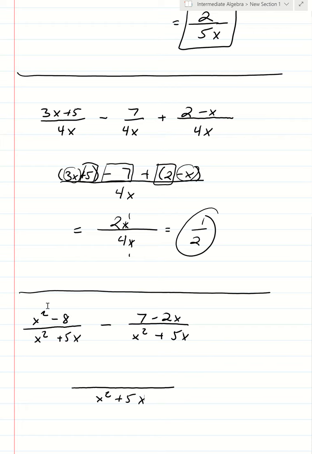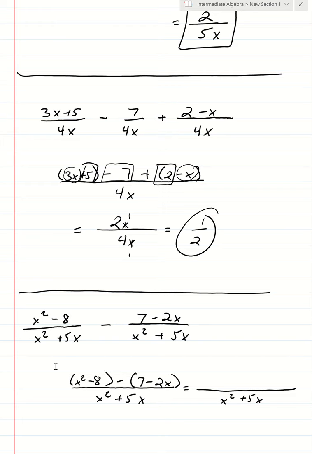And now I must take the first numerator, the polynomial x squared minus 8, and I need to subtract the second numerator, 7 minus 2x. So I'm going to keep that denominator the same, and now I want to combine whatever like terms I have in the numerator.